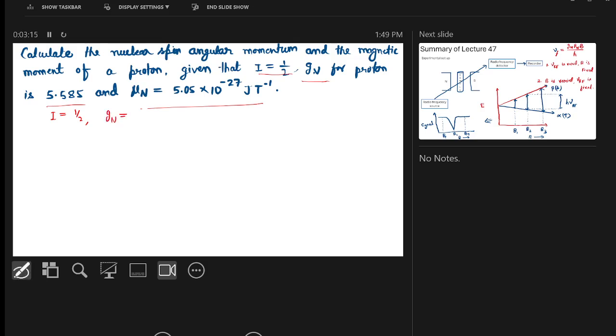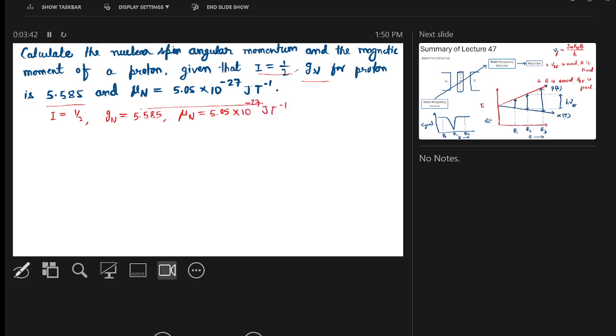Gn is associated with each nucleus; we call this the G factor. The G factor for each nucleus has a different value. For a proton it is 5.585.